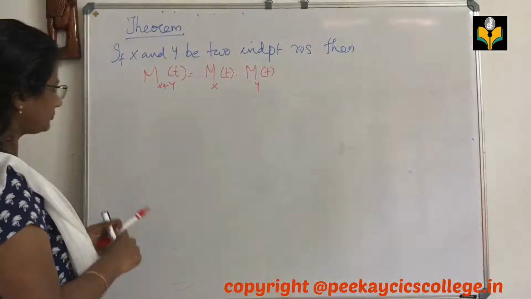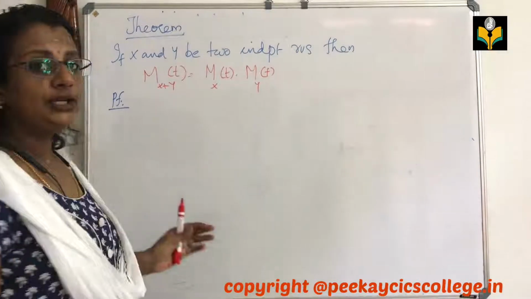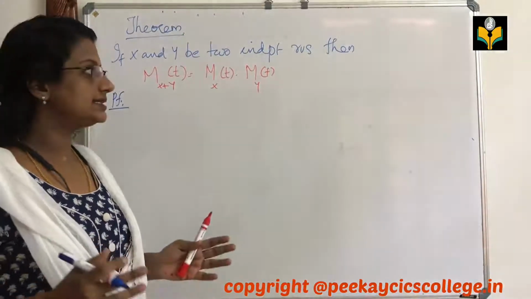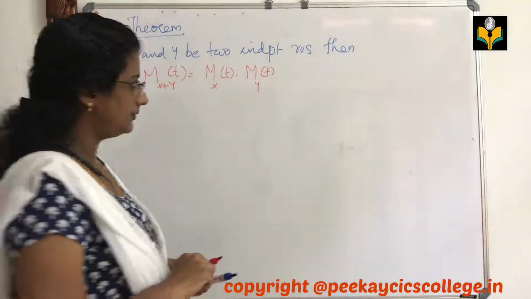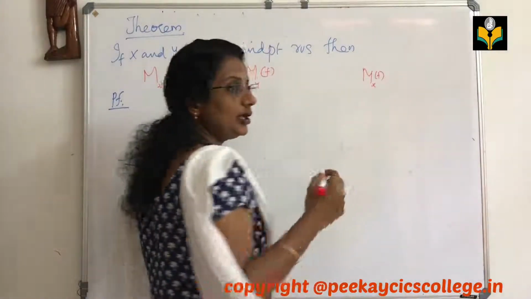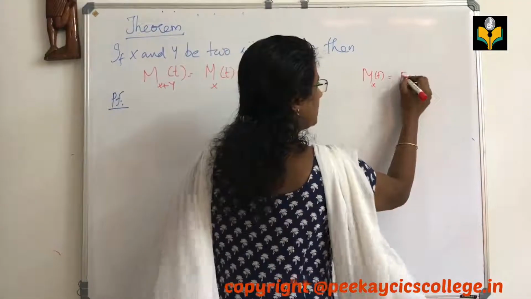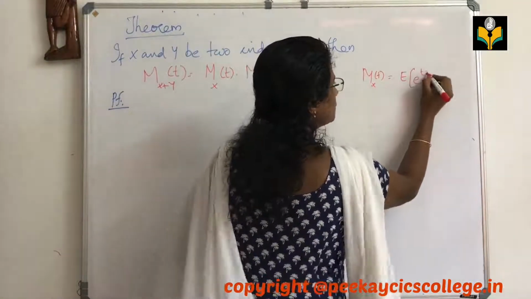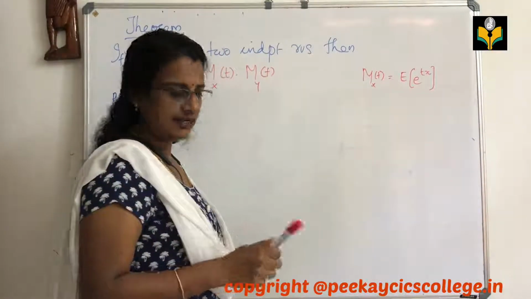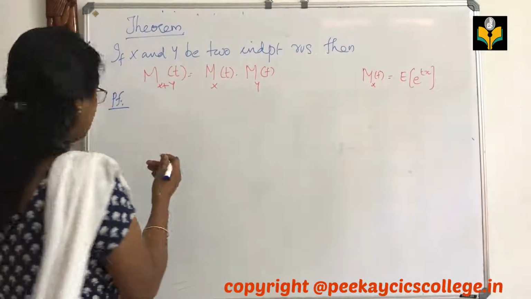Okay, so in the univariate case, how do we consider the MGF? MX of t, the MGF of a univariate random variable. What's the definition? Expectation of e raised to tX. Right, we can extend this to a bivariate case.